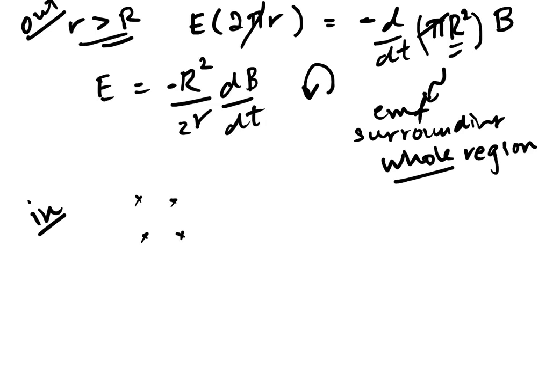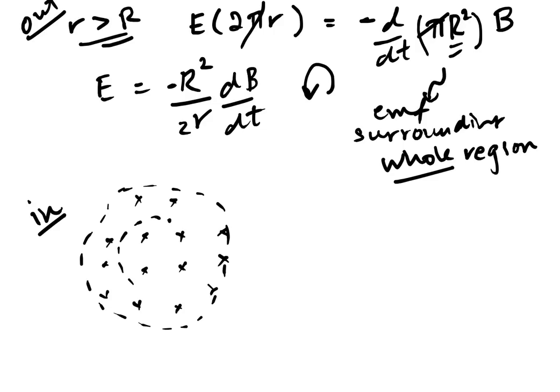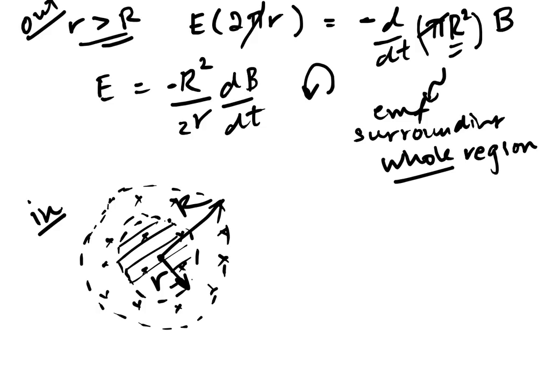And then in the case of inside the region, suppose that this is a circular region of radius big R, and at a position small r, we build a loop of the EMF.